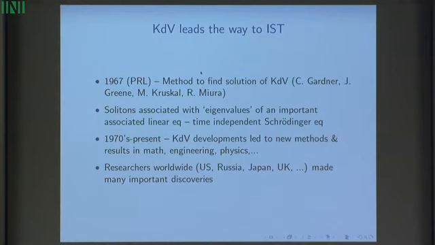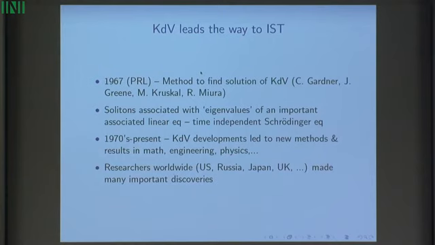And there's more to be said about that. In the 70s till today, these developments led to new methods and results in math and physics. And researchers across the globe had major impact: the United States, Russia, Japan, UK, etc. Many very important discoveries.